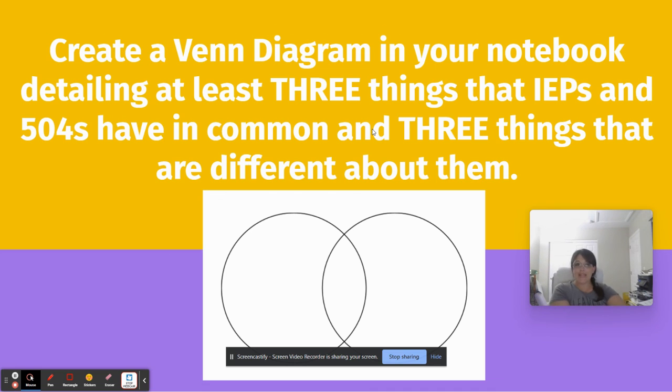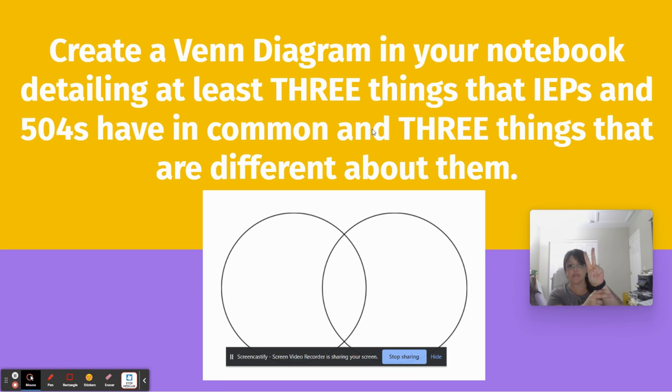All right, so finally, in your notebook, these are the 10 things you should have. First, you should have what is IDEA? What does it stand for? What is a 504? That it comes from the Rehabilitation Act of 1973, and that those two things are supporting or protecting individuals with disabilities to ensure that they are receiving a free and appropriate education.